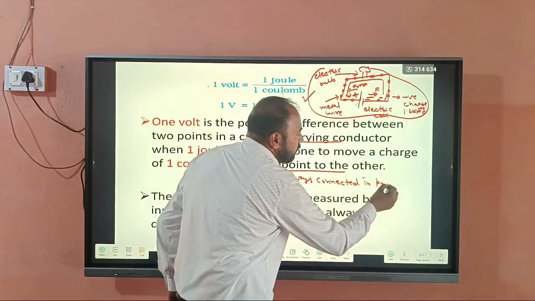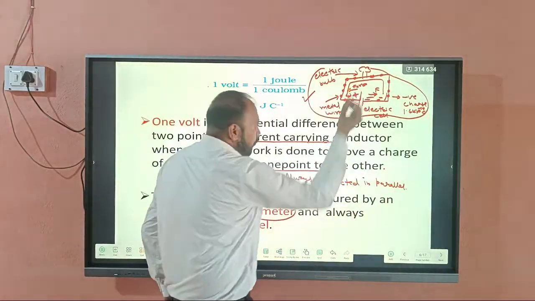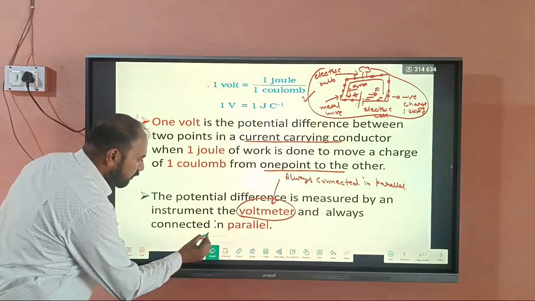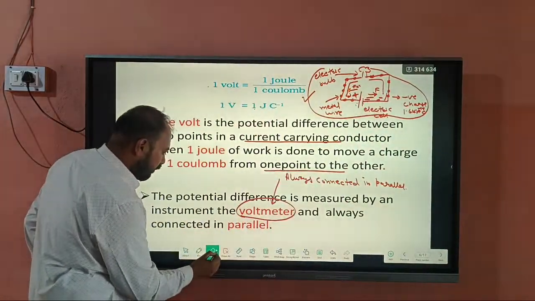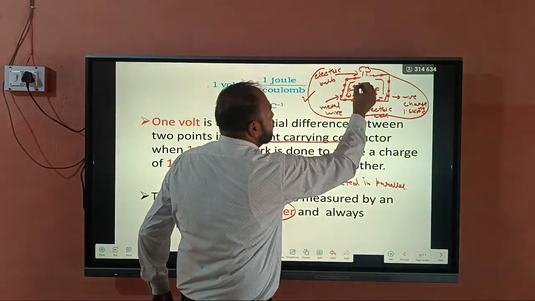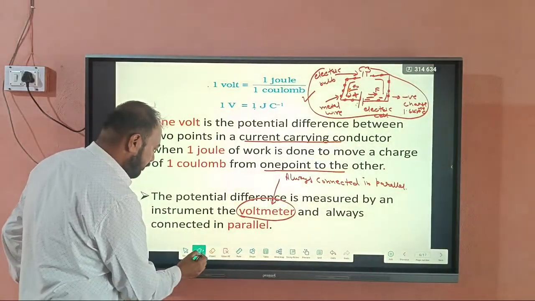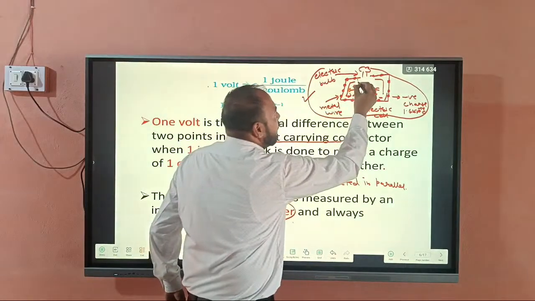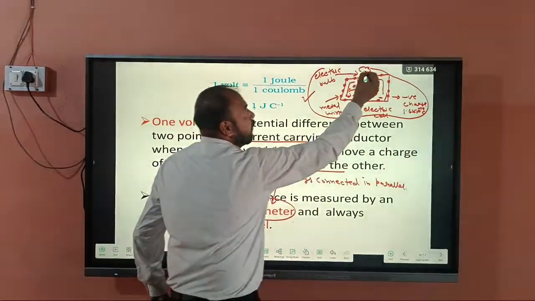For example, here we connect a voltmeter with the electric bulb.